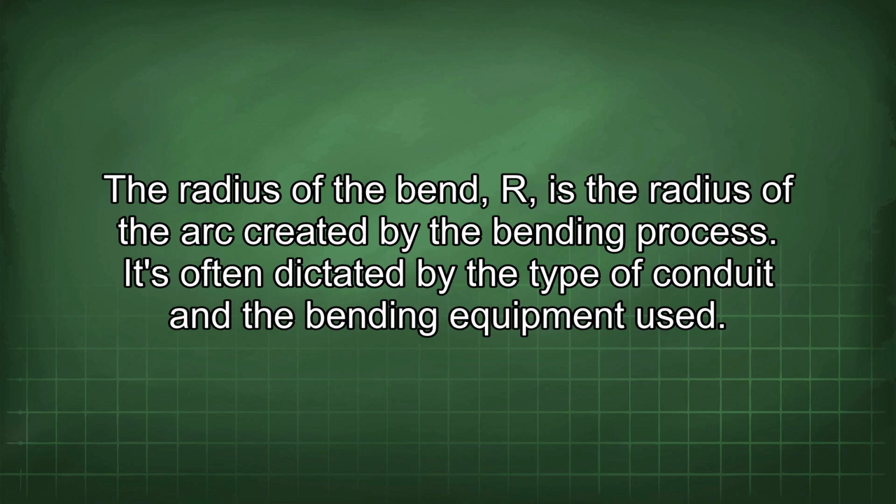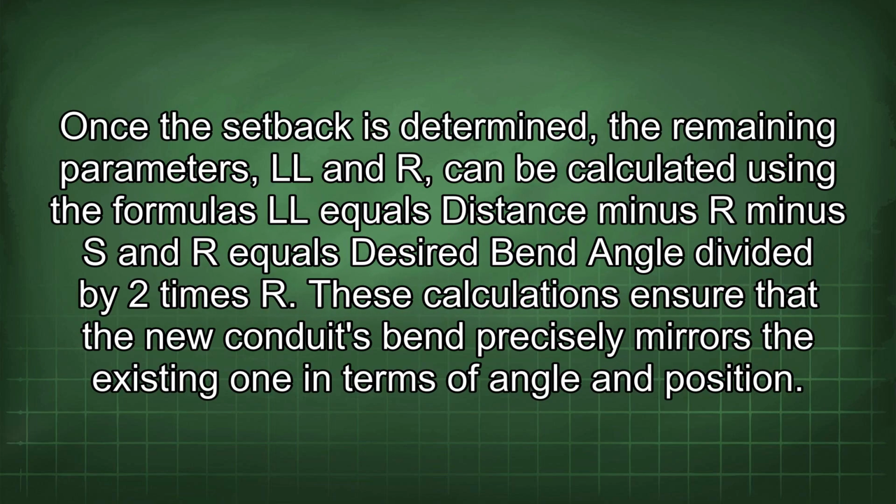It's often dictated by the type of conduit and the bending equipment used. Once the setback is determined, the remaining parameters, LL and R, can be calculated using the formulas LL equals distance minus R minus S and R equals desired bend angle divided by 2 times R. These calculations ensure that the new conduit's bend precisely mirrors the existing one in terms of angle and position.